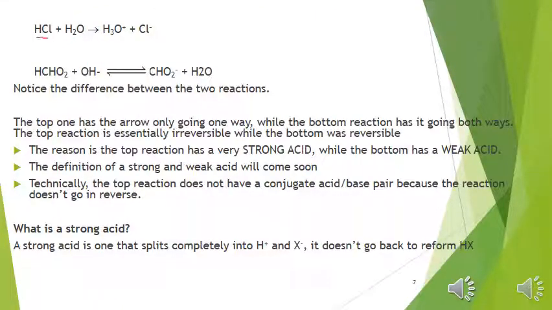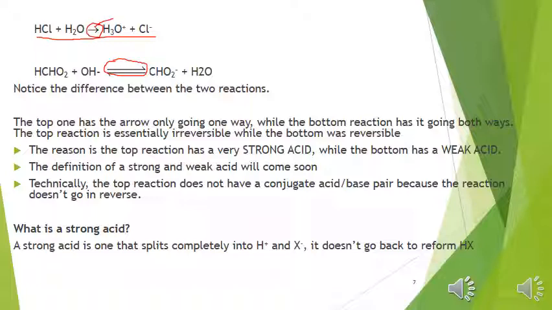Okay, so let's explore this double arrow thing. Let's look at this reaction here and this reaction here. The big difference between the two, besides the chemicals, is the arrows. The top one has it only going one way, and the bottom one has it going both ways. So what is this? I told you that the reaction could go back and forth. That means we say it's reversible.